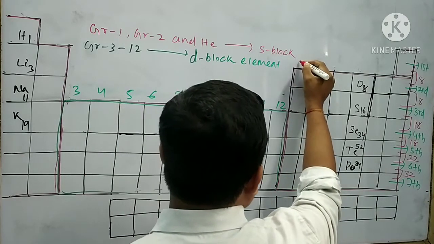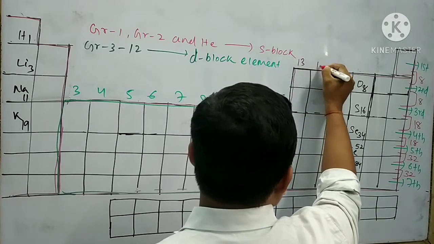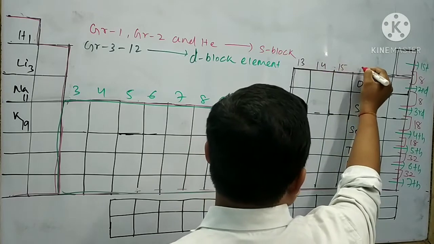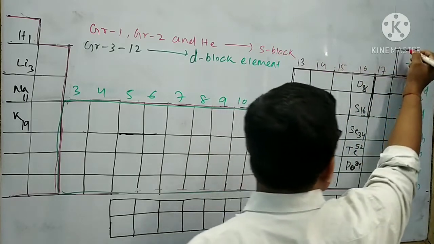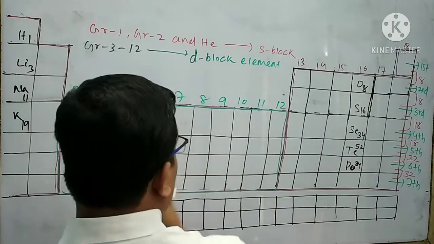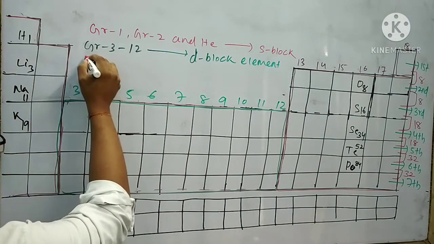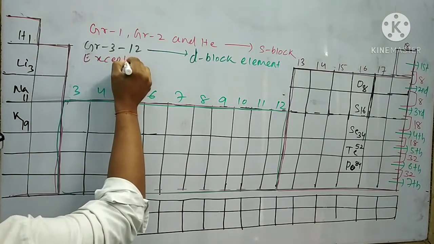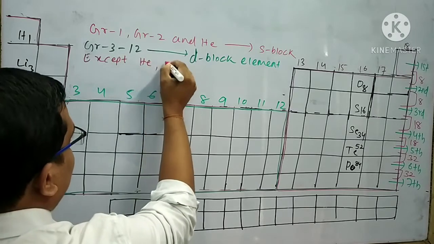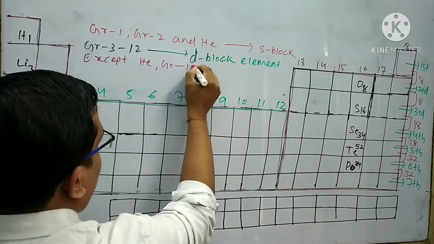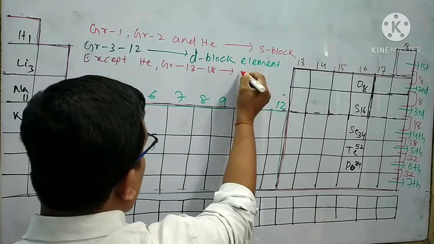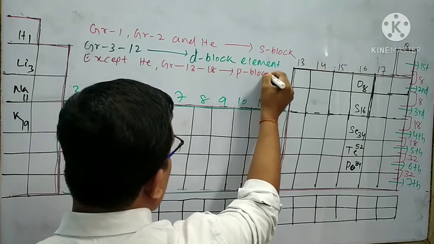This is your group number 13, this is your 14, next is your 15, 16, 17, 18. So we can write except helium, group 13 to 18 are called P block elements.